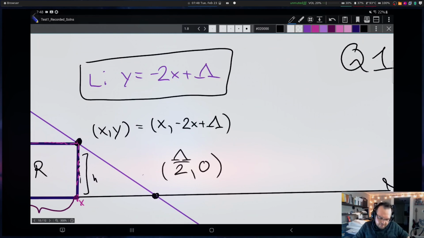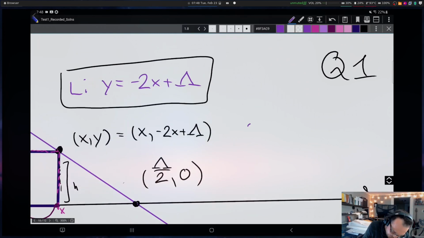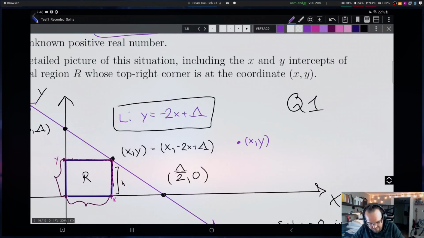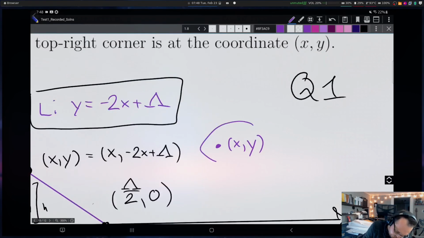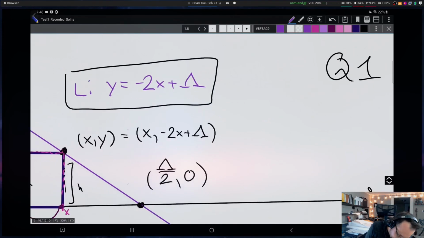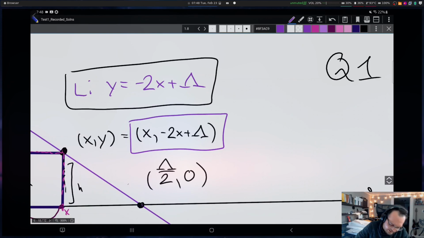So I can't just have any y. I can't have some point x, y way out here, because this isn't following the rules of the problem. They've specified that this top right corner needs to be on this specific line. So there are plenty of choices of x's and y's that aren't valid. And all the valid choices have this very specific relation where y is related to x in this way because it's on this line.